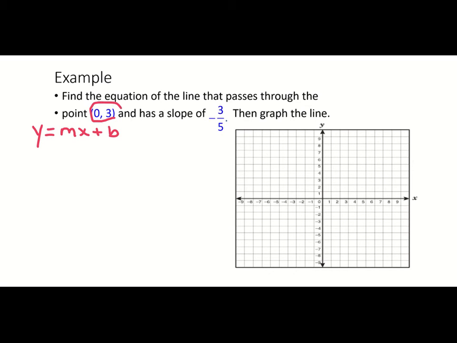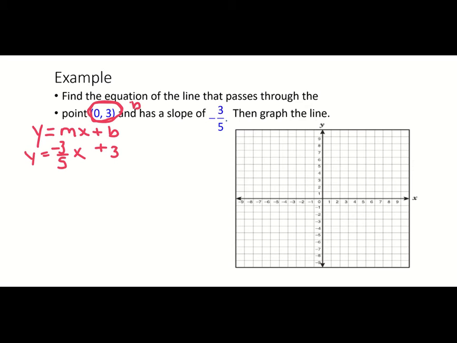If you look at that point, because there's a 0 in the x part and a 3 in the y part, that makes this my b, or my y-intercept. So for b, I'm going to plug in 3. I know my slope is negative 3/5, so I'm going to plug that in for the slope, put my x there and my y, and there's the equation of our line. That one was nice and super easy.